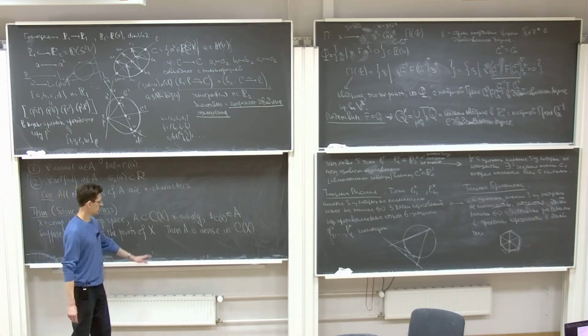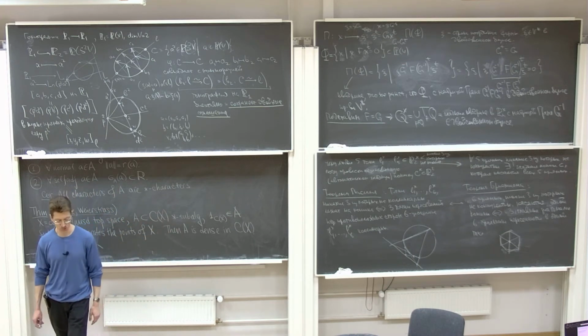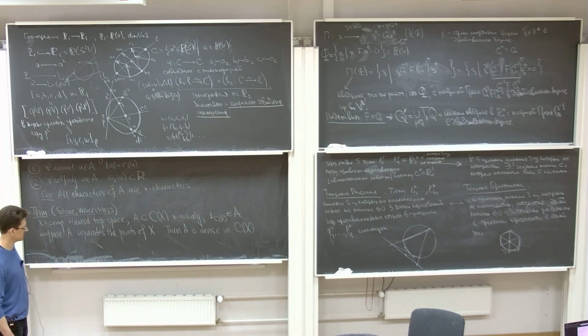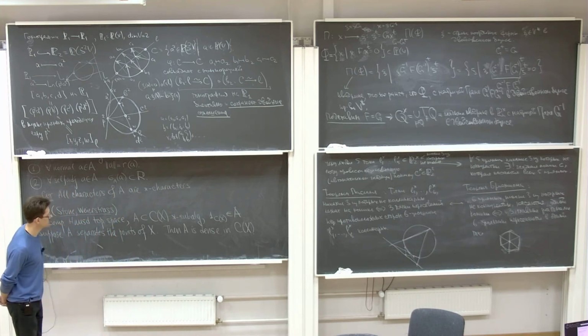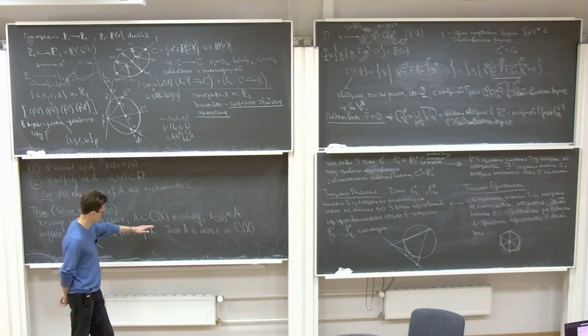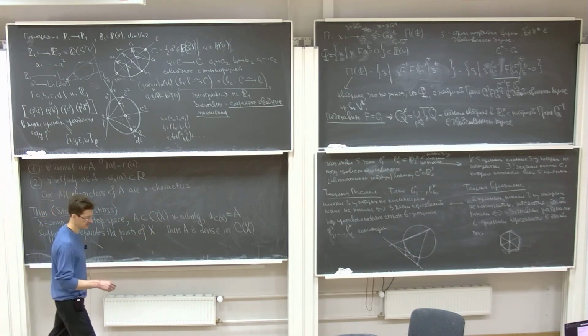So over the real numbers, A is just a subalgebra, not a star subalgebra, of C of X, which contains the identity and which separates the points. And in this case, it is dense in the algebra of real-valued continuous functions on X. But since we are dealing with complex algebras, it's essential to require here that A is a star subalgebra. Otherwise, we can find rather simple counterexamples.